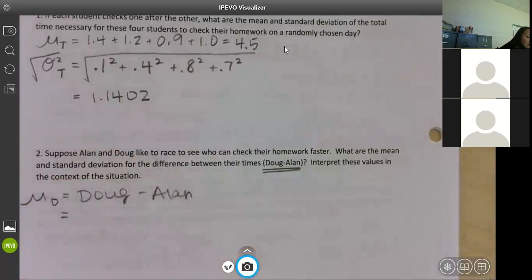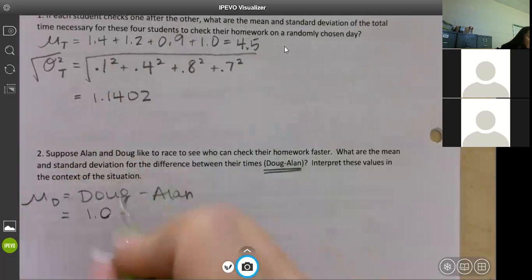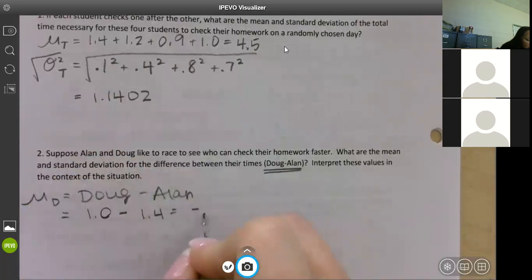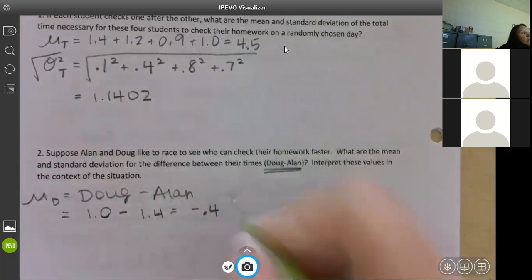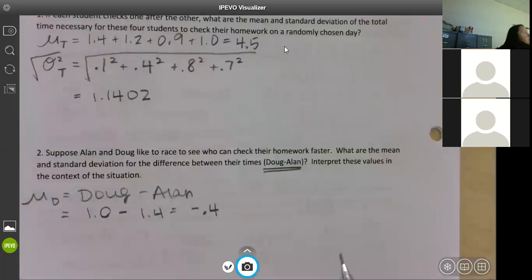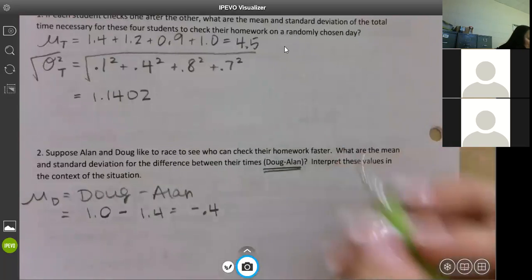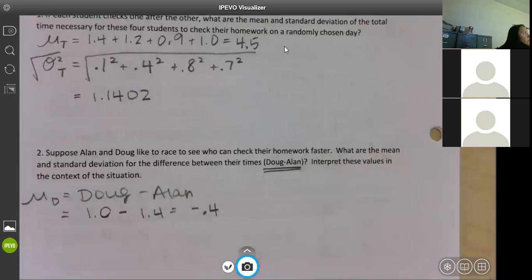What was Doug's mean? 1.0. Alan's mean was? Which gives you a negative 0.4. So what does that mean? Be careful because you're talking about time. So think about swimming. If he has a negative 0.4, what does that mean?